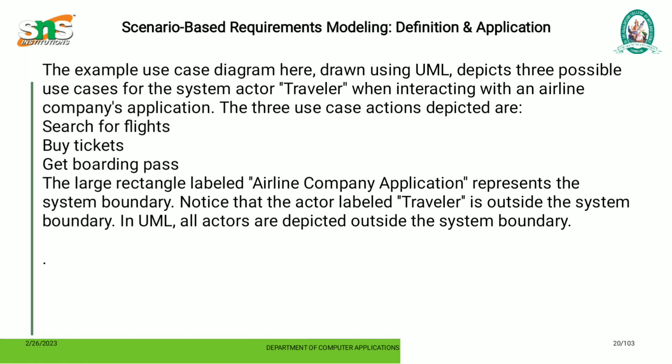The three use case actions depicted here are: search for flights, buy ticket, and get boarding pass. The larger rectangle labeled airline company application represents the system boundary. Notice that the actor, the traveler, is outside the system boundary. In UML, all actors are depicted outside the system boundary.